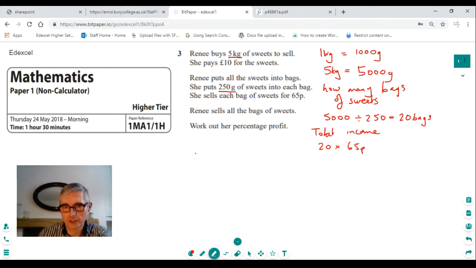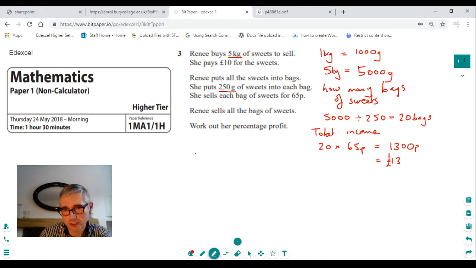And this is a non-calculator paper, so we can't just use a calculator. We've got to first of all say, well, what would 2 times 65 be? That would be 130. And so what would 20 times that be? That would add an extra 0 and that would become 1,300 in pence, or in pounds that would be £13.